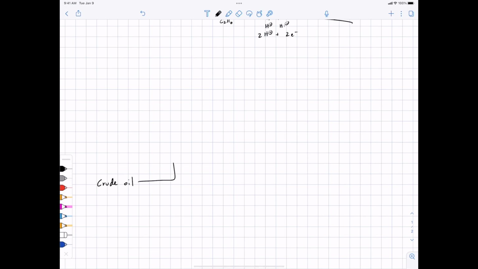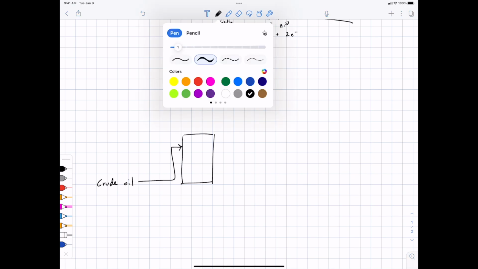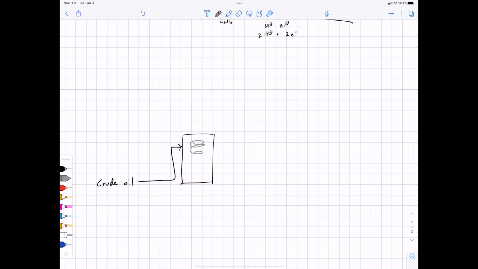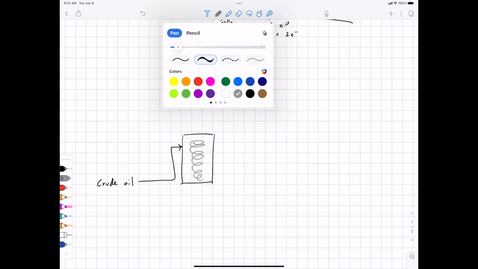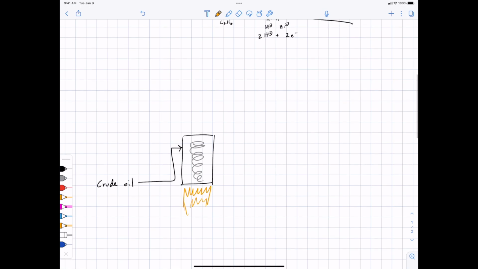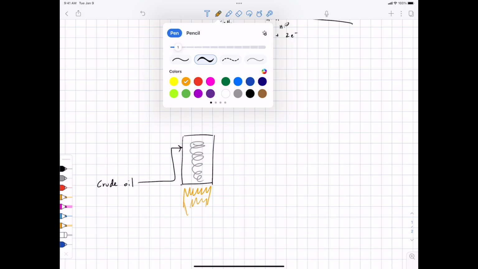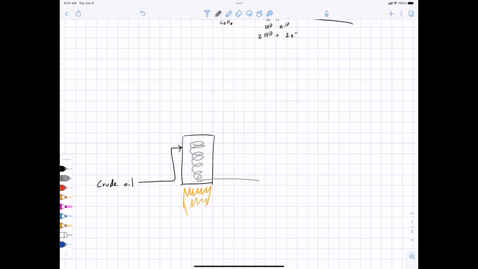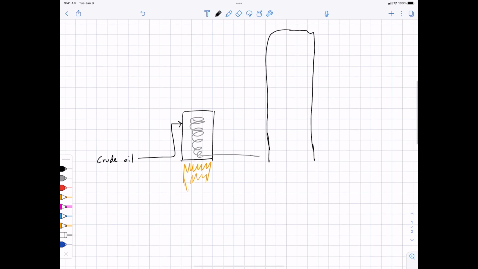So you take the crude oil and you put it in a very, very hot, what's called a heating tower. There are coils inside this heating tower that the oil flows through, and you're heating it somehow. There is the fire you're using to heat it. The heated mixture then comes out and goes to the distillation tower, and these are the tall buildings that you see at a refinery.